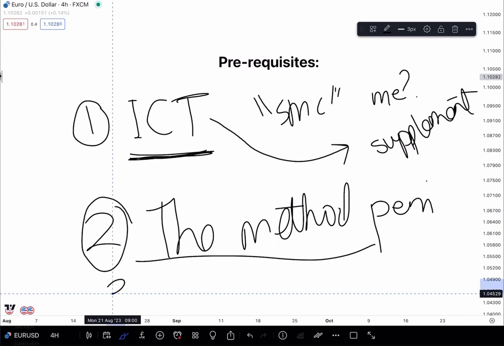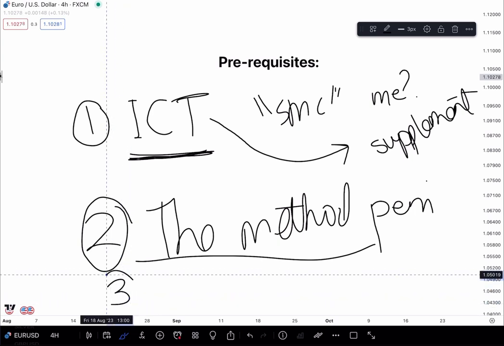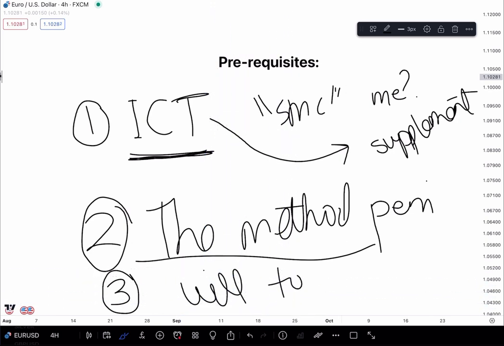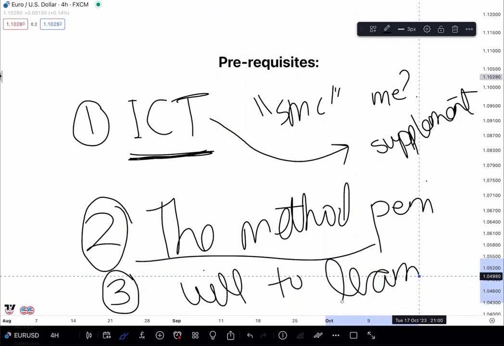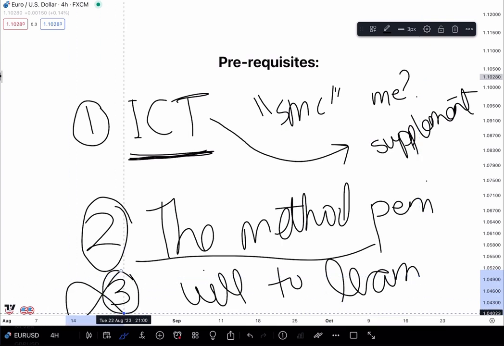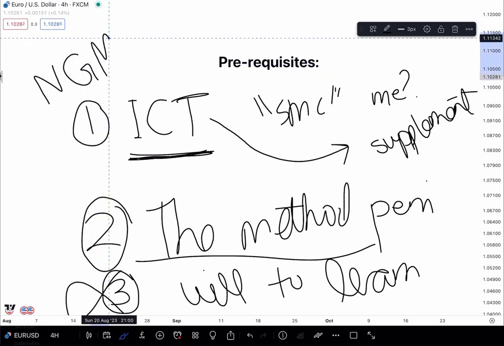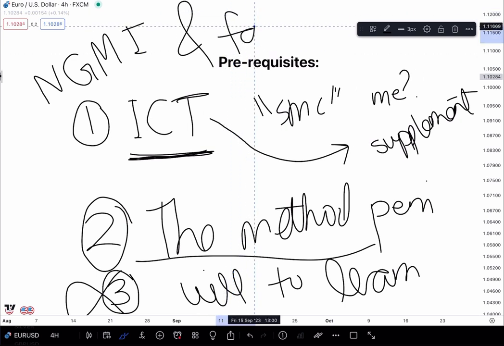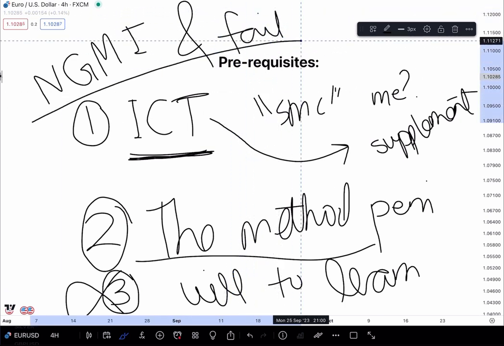And third of all, you must have the will to learn, because without these 3 things, especially number 3, you will never make it, and you will fail. All right?